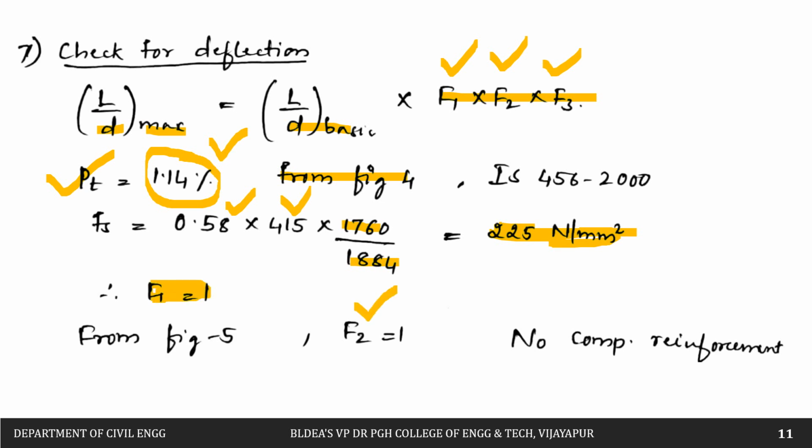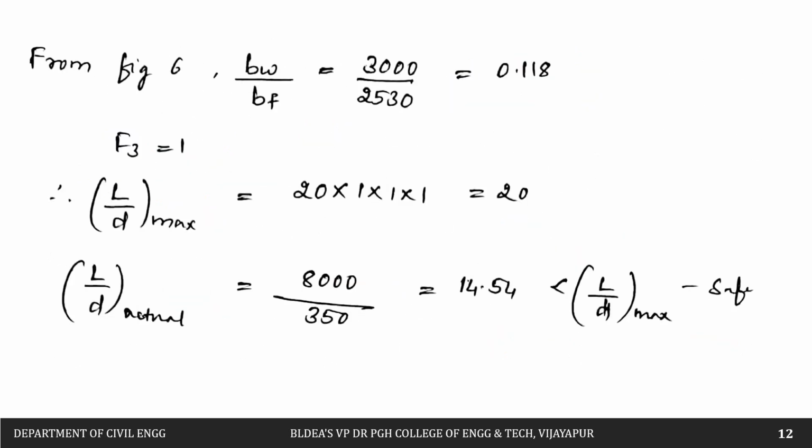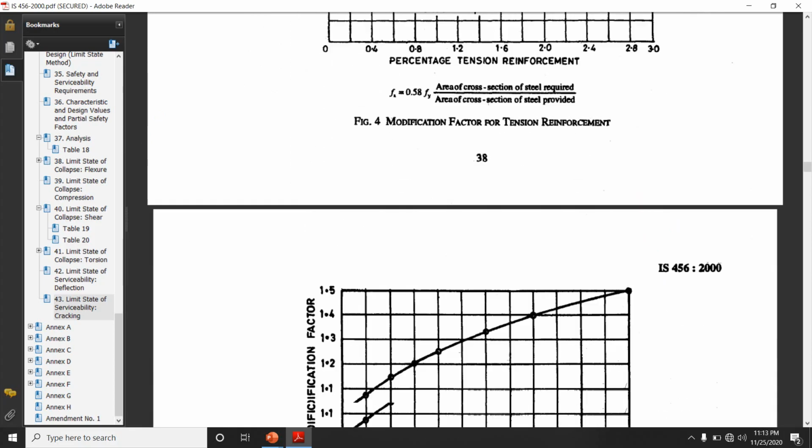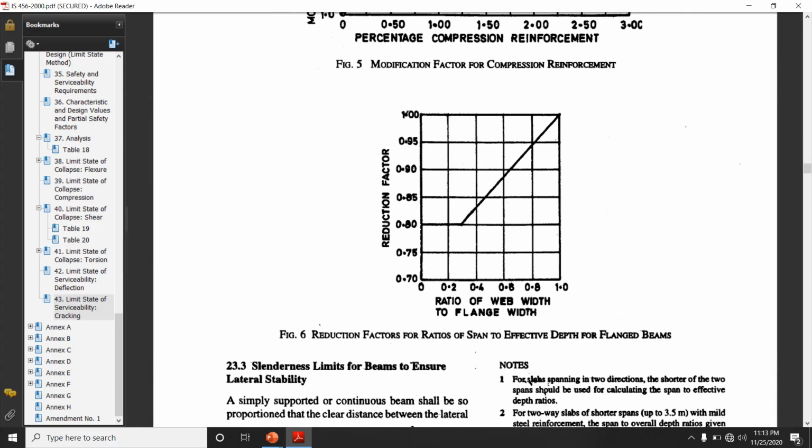Then next is F2. F2 is for compression reinforcement. So we have not provided any compression reinforcement. Therefore F2 is equal to 1. Then next we will go to the third value, that is F3. It is for a flanged section. So for the flanged section, they have given the reduction factor for span to effective depth for flanged beam.